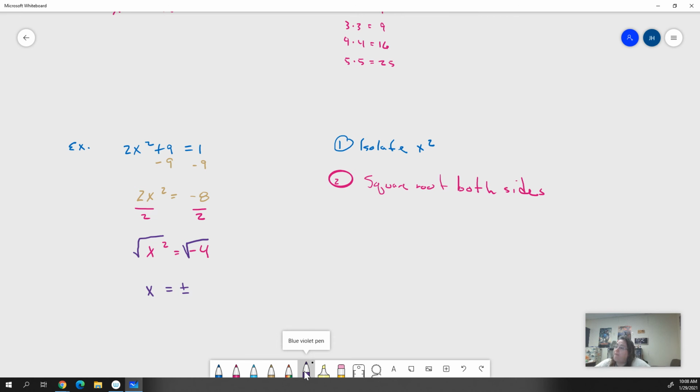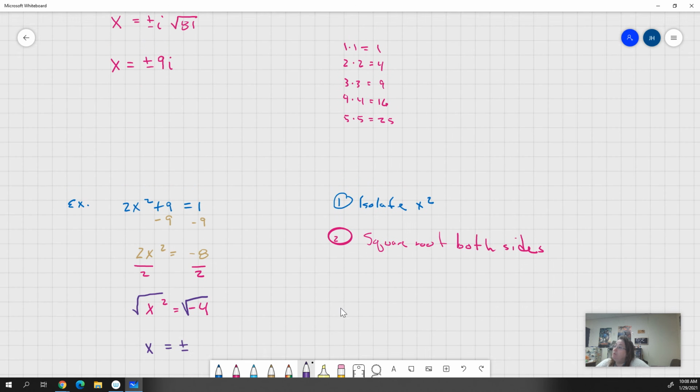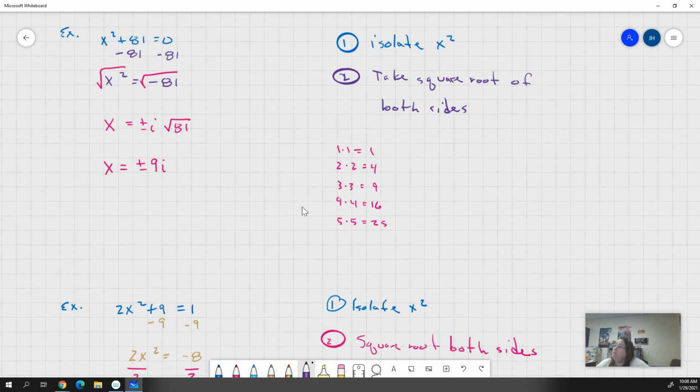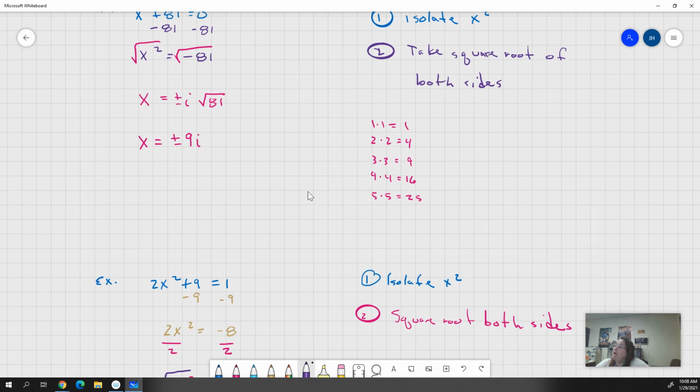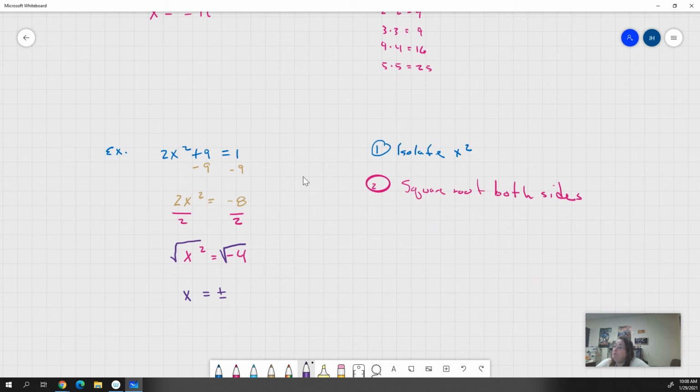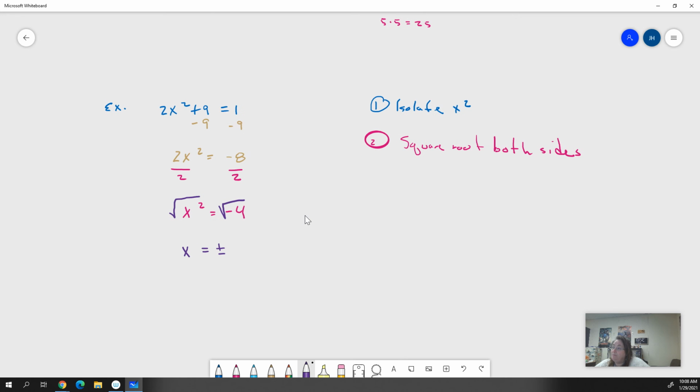Well, it's going to be plus or minus. What did I say we do the minute we see a negative underneath there? It turns into i. To pull out an i. So I can make this plus or minus i.